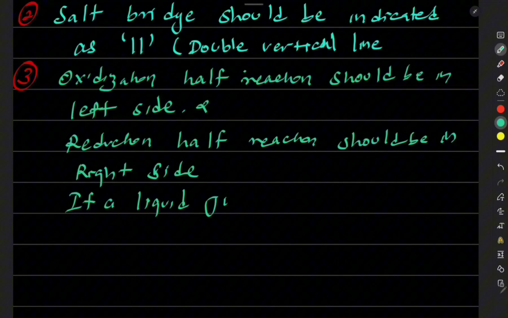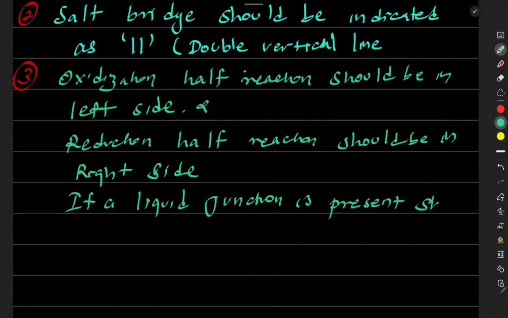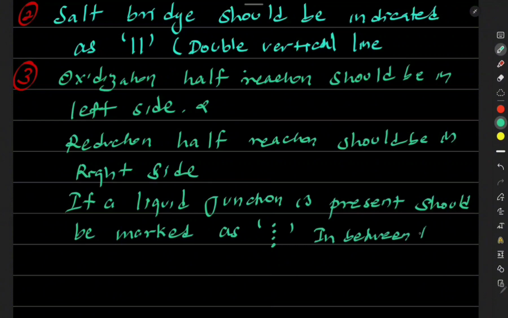If a liquid junction is present, it should be marked as a dotted line in between the electrodes.